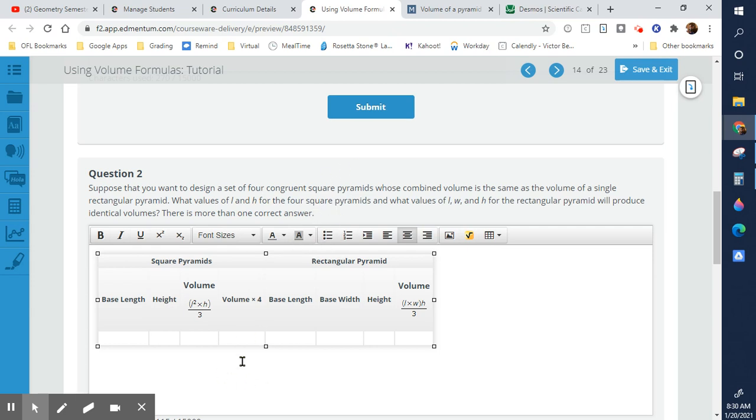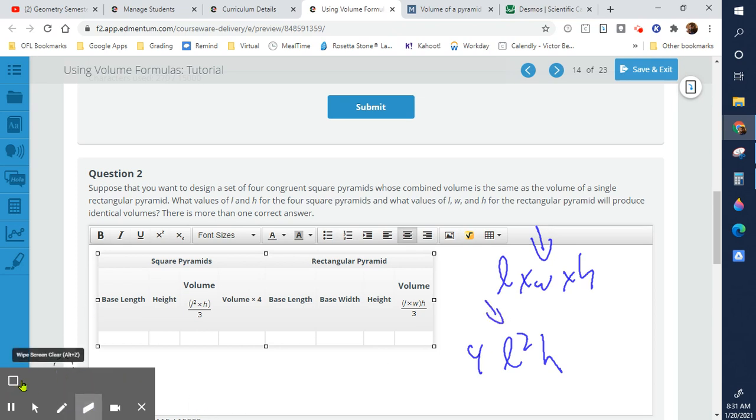So one thing I would recommend is having the product of L times W times H be 4 times more than L squared H. And an easy way to do that is honestly to just make the W 4 times more than the length. That's probably the easiest tip.